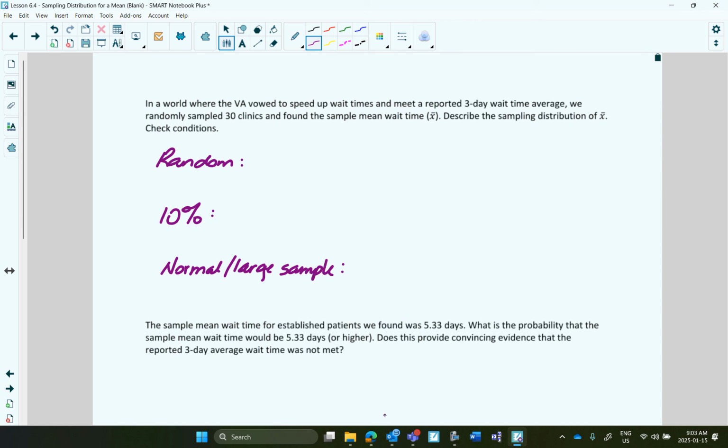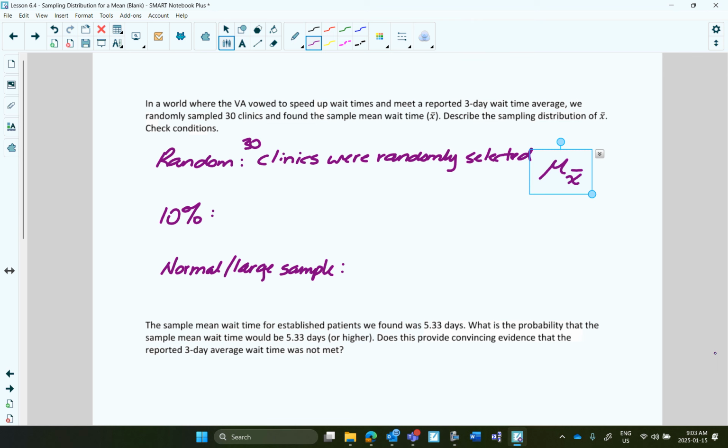Well, we already found out with the random, but go back to the original problem, the 30 clinics were randomly selected. So that allows us to say that the average of the sampling distribution will be the same as the population average, which is 3.